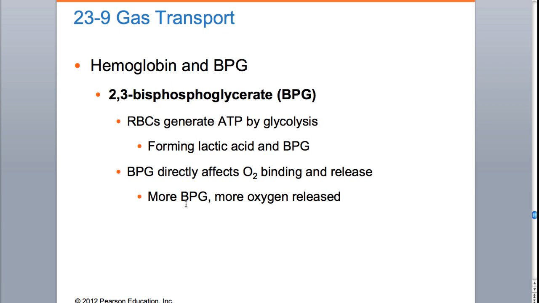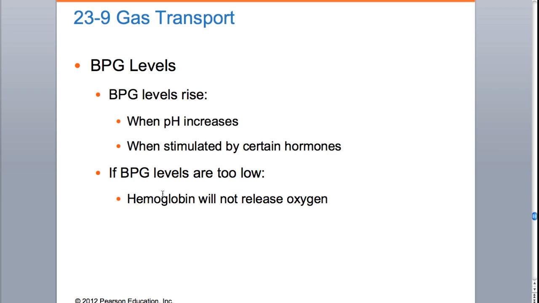So it says the more BPG, the more oxygen is released. Okay, next slide. Again, this one is BPG levels when pH increases and when stimulated by certain hormones. Okay, so be aware of that.